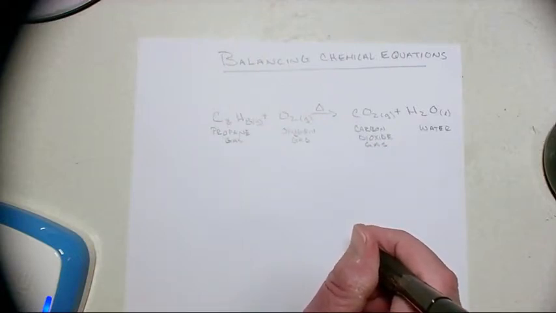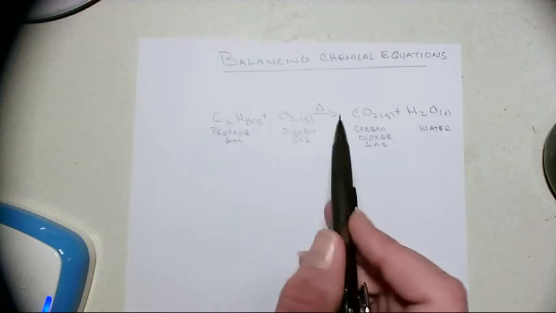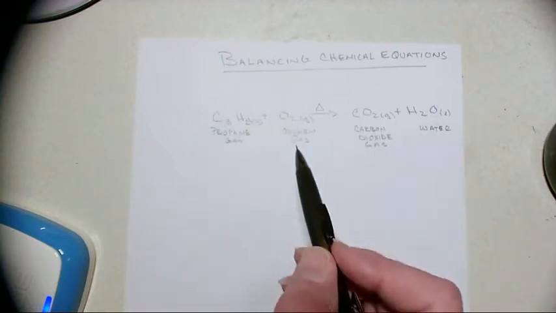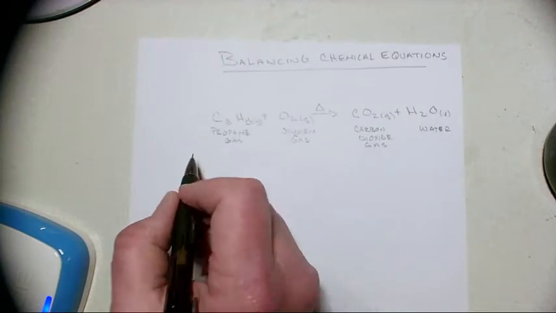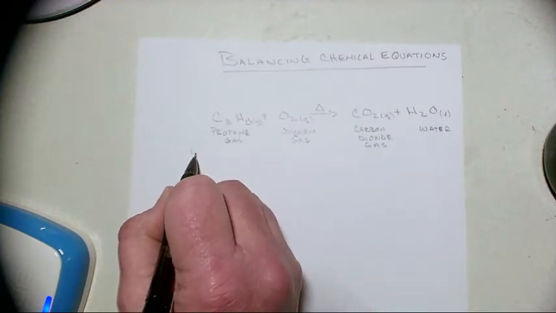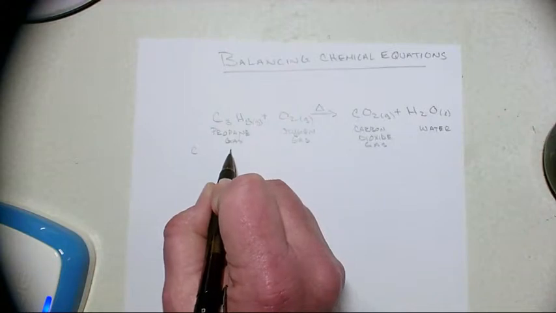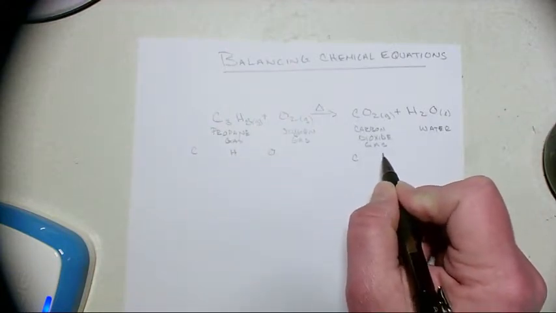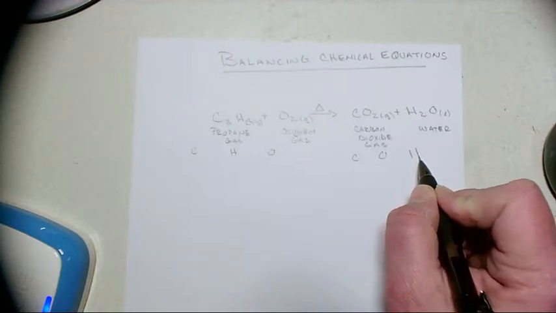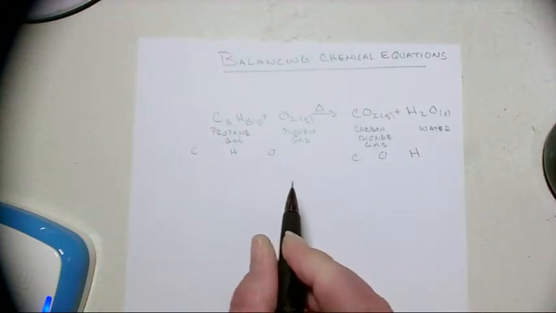So what we need to do in balancing is make sure that we have the checks and balances of how much do these things actually go together proportionately. The best way to start that is to say, okay, so let's start a table. We have carbon and hydrogen and oxygen on this side, carbon, oxygen, and hydrogen on this side. But at least we know that's correct.